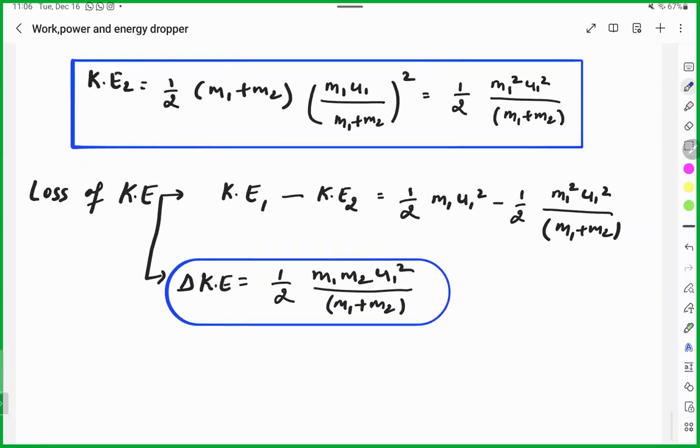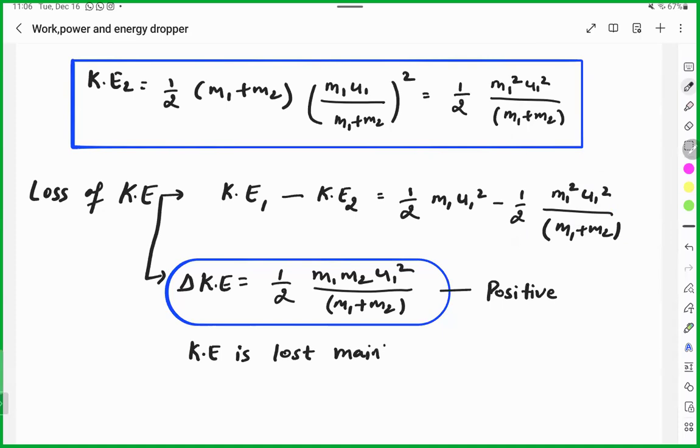If you see, this overall kinetic energy loss is positive because you don't have any negative sign. And if it is positive, its simple meaning is that kinetic energy will be lost in the form of light, sound, or heat. Kinetic energy is lost in two, three forms.